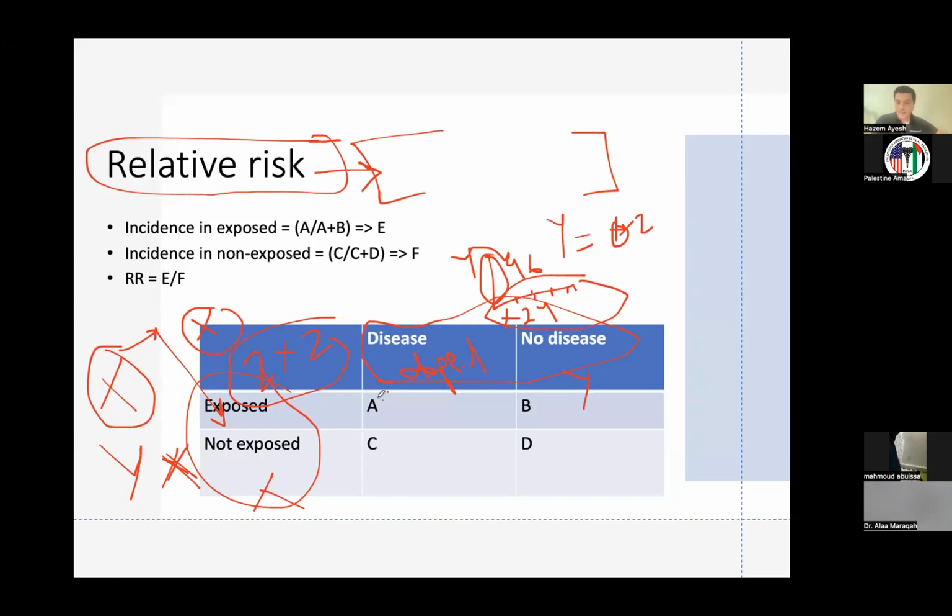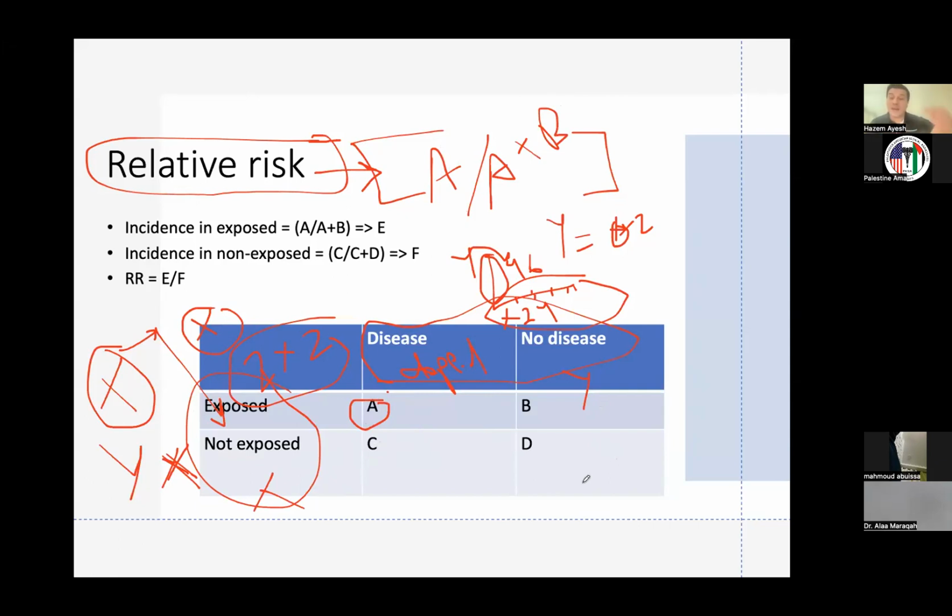The new cases are the cases with the disease, which is A, and the population of interest is the exposure group, which is A plus B. So this is the incidence in the exposed. Then you calculate the incidence for the non-exposed, which is C divided by C plus D.